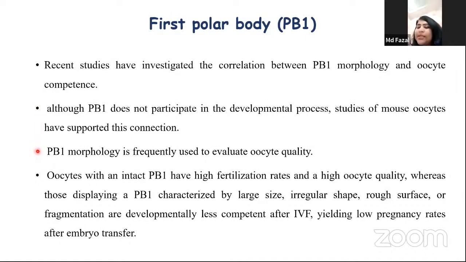If the PB1 is too big or too small, or displaced, or there is any abnormality in the structure, this is how we decide the quality of the oocyte. An oocyte with intact PB1 will have high fertilization rates and is a high quality oocyte, and if it is large, irregular, or roughly shaped, that will indicate low quality of the oocyte. Next slide, please.